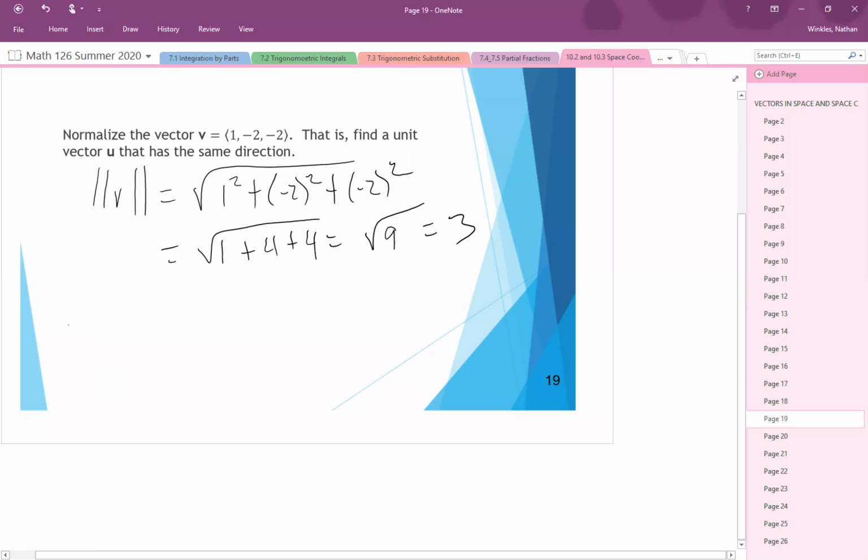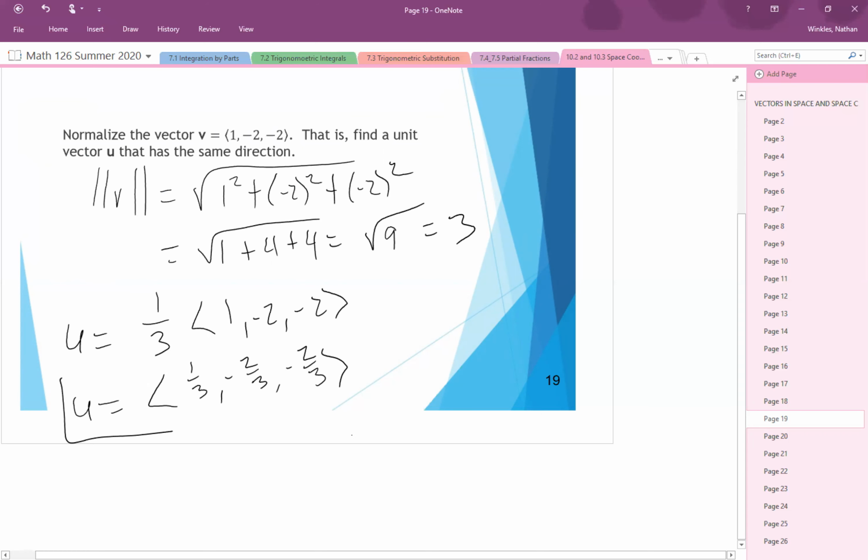So in other words, our unit vector u is equal to 1 over 3 times 1, -2, -2, or 1/3, -2/3, -2/3. This will be our normalized vector v.